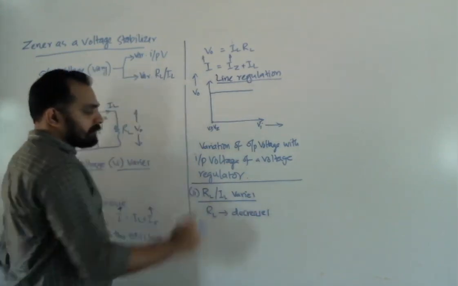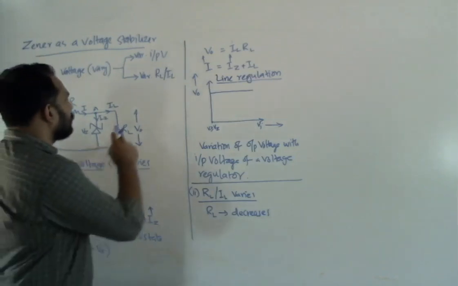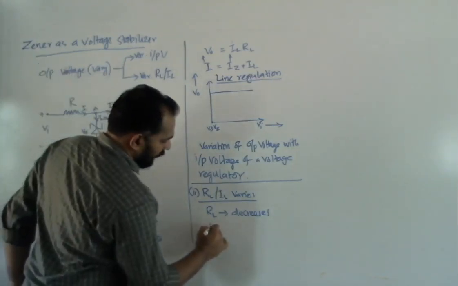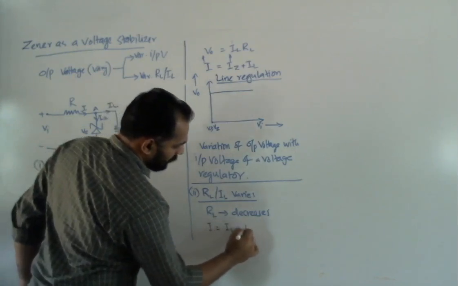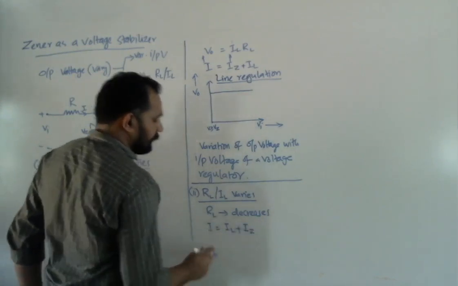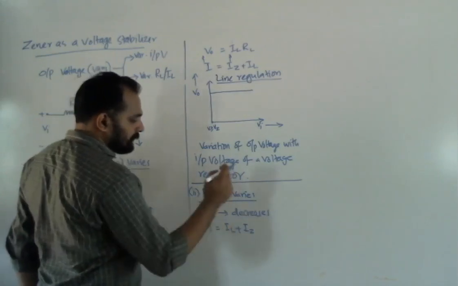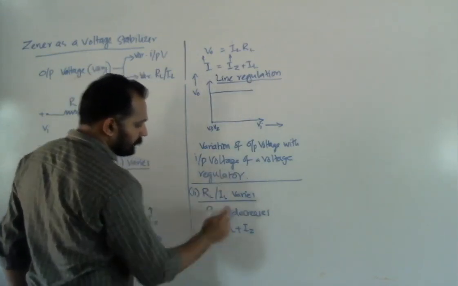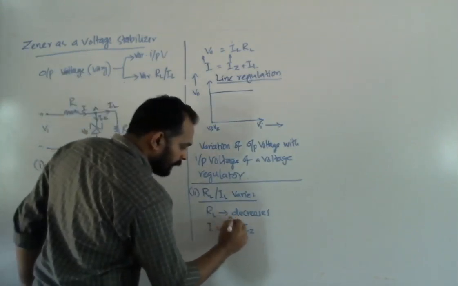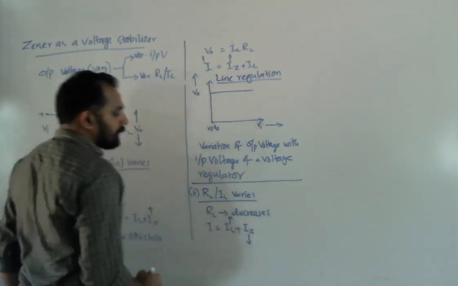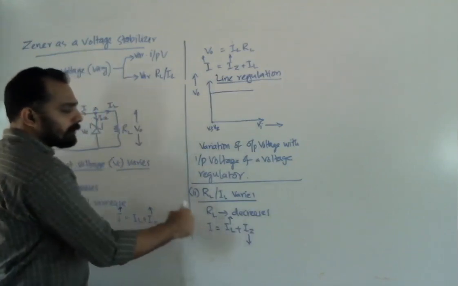When RL is decreased, then I is equal to IL plus IZ. So there is a possibility for increasing IL. That increase in IL is provided by decreasing the Zener current, since I remains constant.